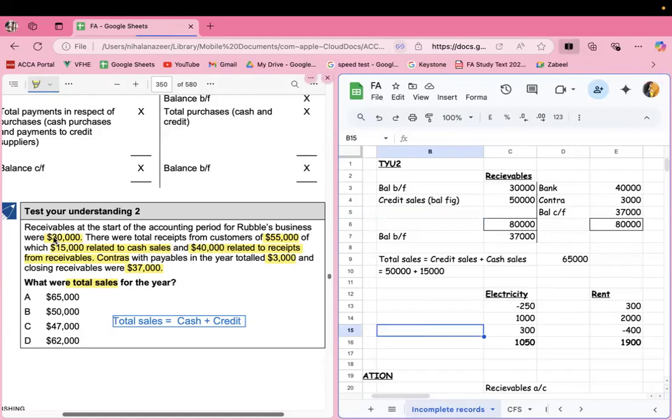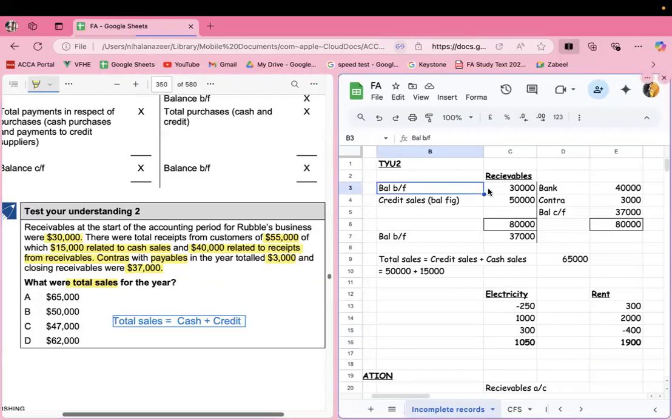So the receipts were 55,000. Out of that, 15,000 is the cash sales and 40,000 is receivables. So you're concerned with receivables, right? So in your account, you're going to take that. And they have also given you that there were contras of payables amounting to 3,000. Okay. And the closing receivable is 37,000. Understood?